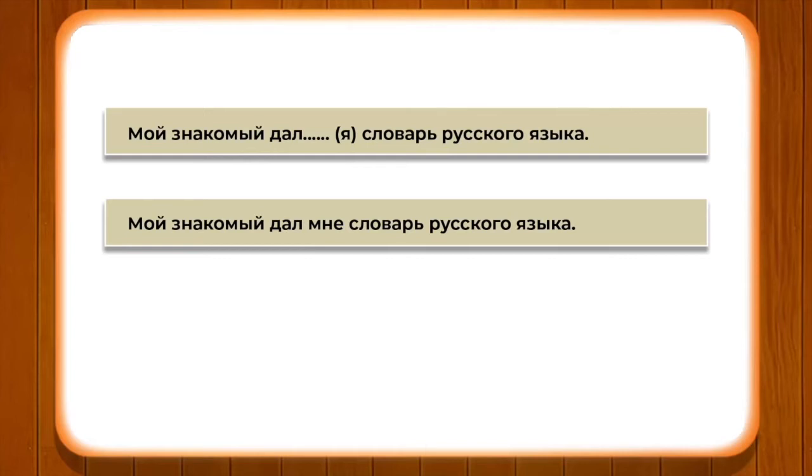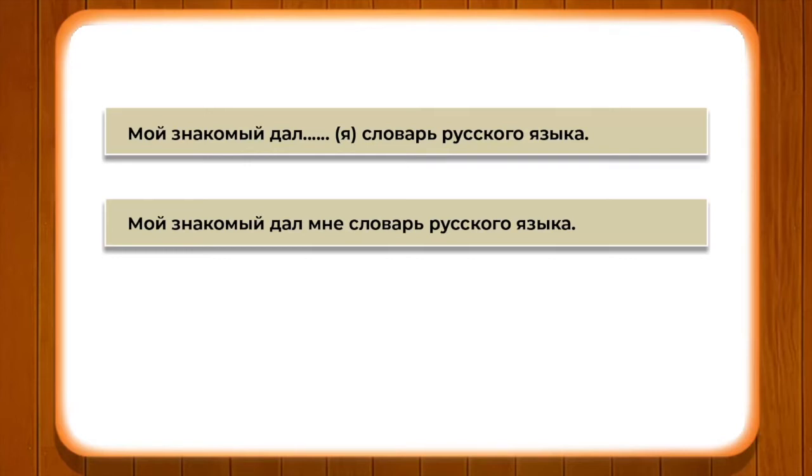So, my acquaintance gave me a dictionary of the Russian language. Here we have seen the usage of the dative, дал мне, and словарь русского языка, genitive. So, here you can see how two different cases are being used in this example.